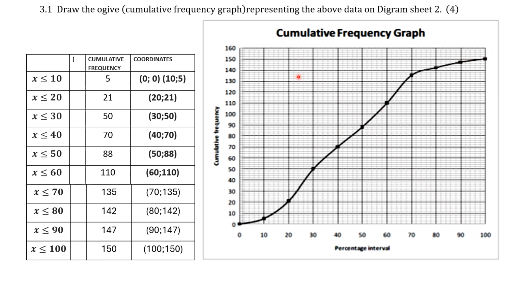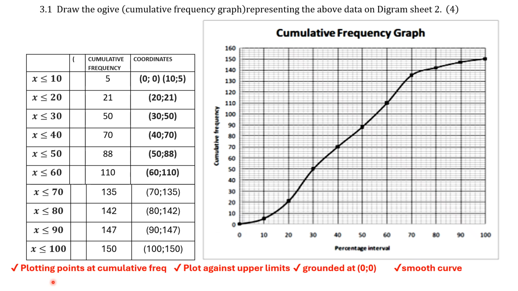Right? So there's how we draw cumulative frequency, my y-axis, cumulative frequency, my x-axis. Here's the percentage intervals given. Right? Make sure you label, and you label the top of the graph. Right? So gave you 1 mark for plotting points at cumulative frequency.